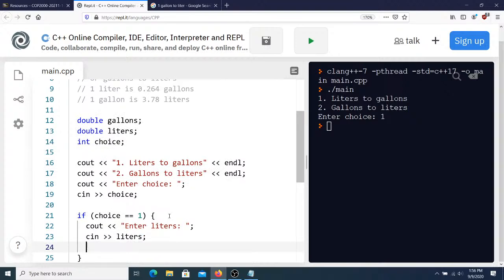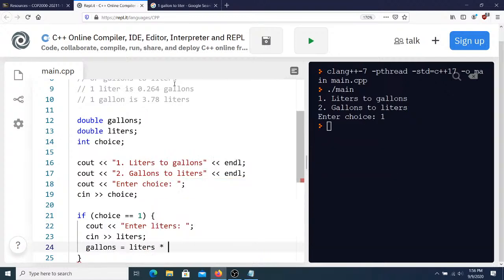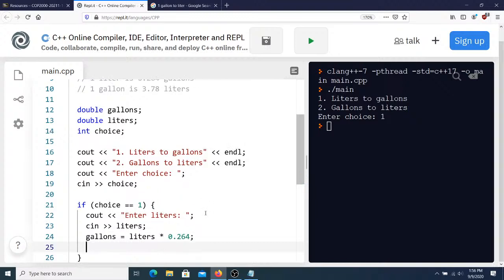We've just done these so many times that it's kind of mechanical at this point. We're going to say that gallons is equal, because this is what we want to calculate, and they've given us liters, and then we know this number to multiply it by. It's going to be times 0.264. And then we'll just do a simple cout.